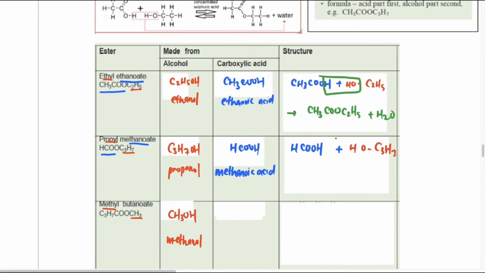OH is on the left, so that we can remove the H2O easily in this way. Then they form a product which is ester. Just join up HCOO with C3H7. Then another product is H2O. So like that.